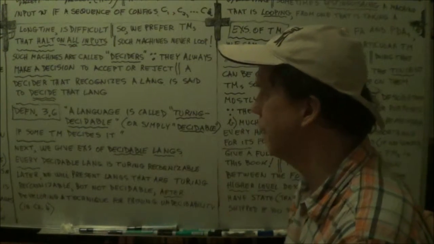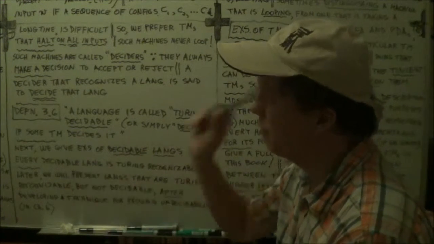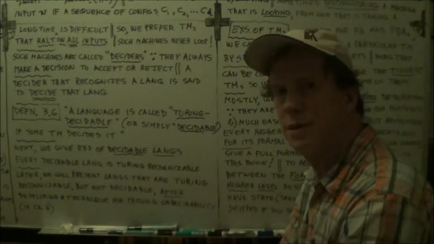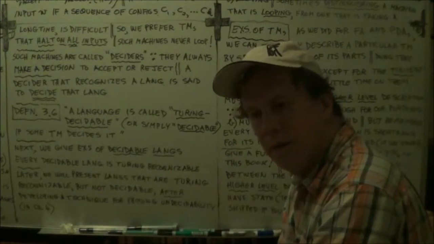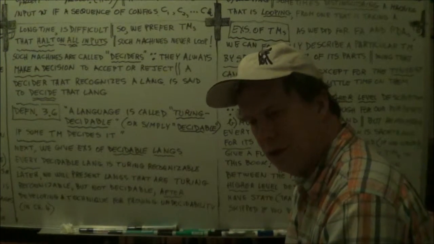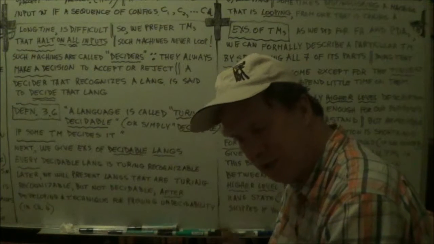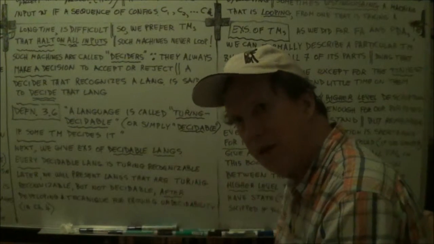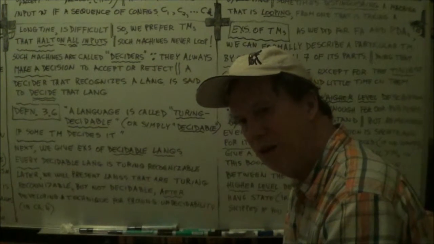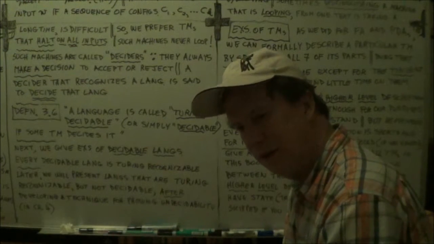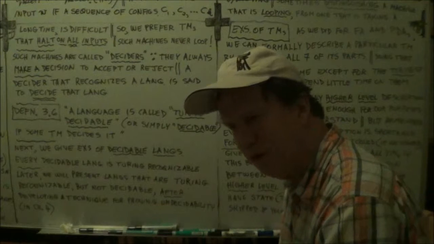So we'll give 4 examples of decidable languages, meaning that there is a Turing machine, a decider type Turing machine. Such machines, remember, always accept or reject. Boy, do I have a big question mark about that, given what's coming in chapter 4.